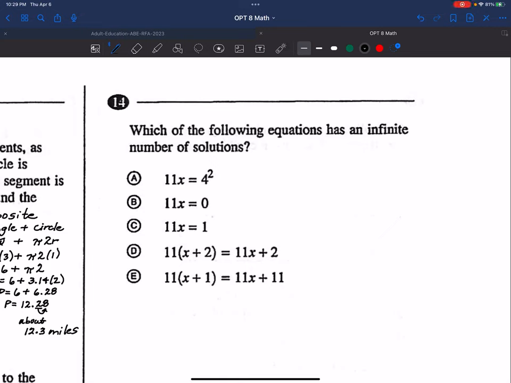Number 14. Which of the following equations has an infinite number of solutions? Well, infinite means endless.